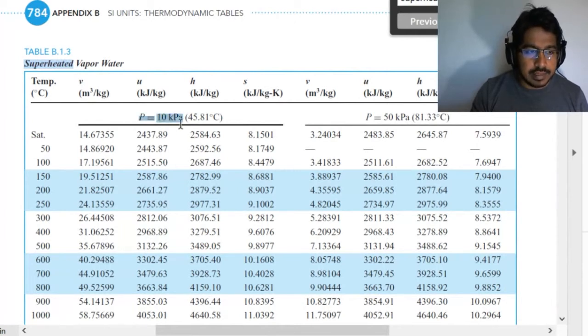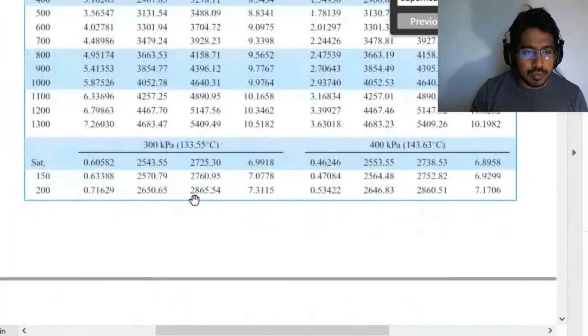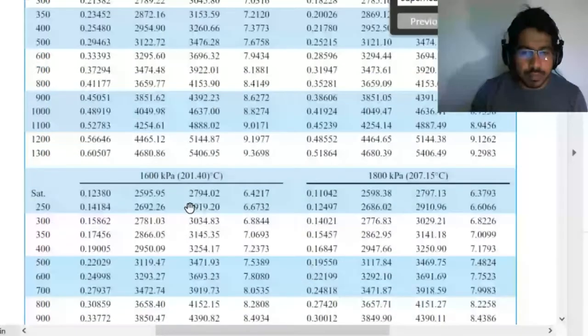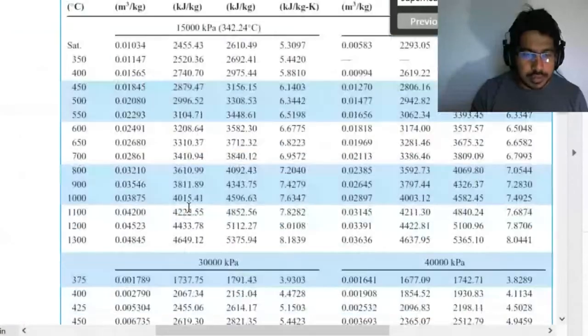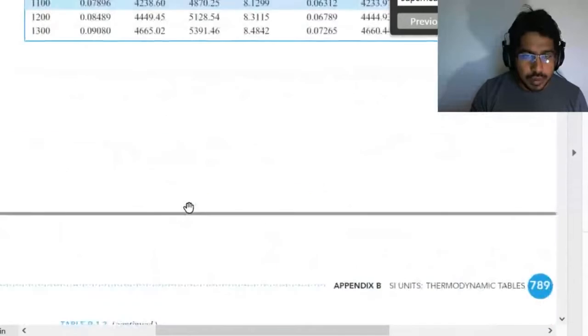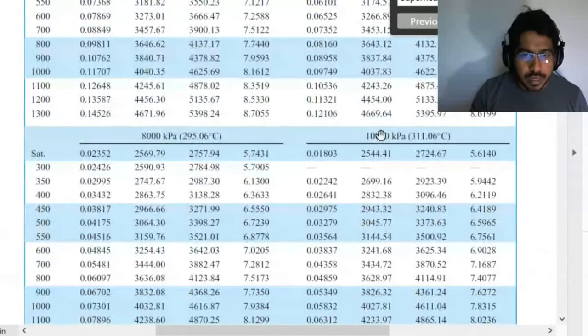This is an easy trick, you see. You have 10 kilopascals. Don't fall for that trap. Keep browsing until you find the right value, 10,000 kilopascals, right? Okay, so we have 10,000 here, and our temperature is 600.